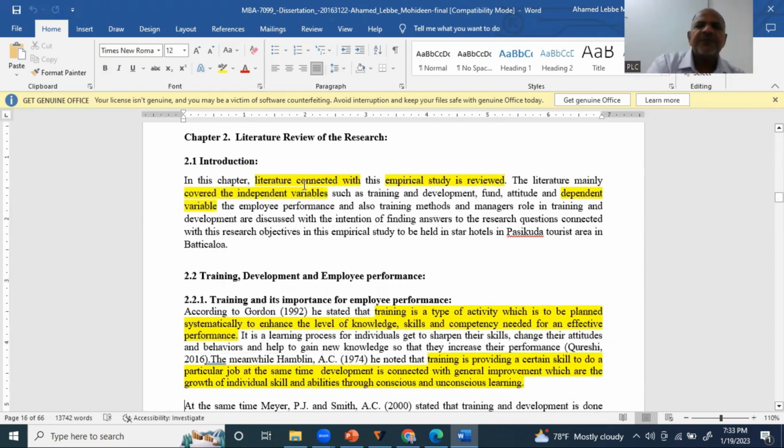In this chapter, literature connected with the empirical study is reviewed. The literature mainly covers the independent variable, training, and the dependent variable, performance. Training methods and management's role in training and development are discussed with the intention of finding answers to research questions connected with the research objectives, in my empirical study of hotels in this area in particular.